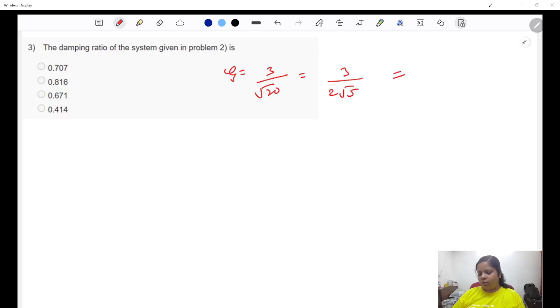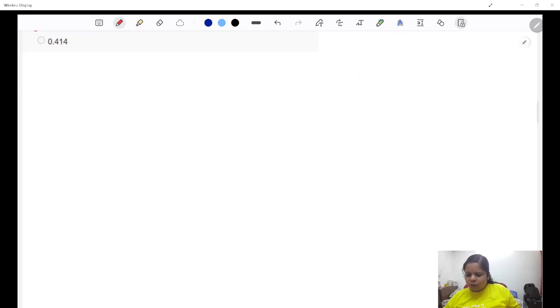What is 3 upon 2 root 5? 0.670. So this is your correct option. Let's move to the next question.